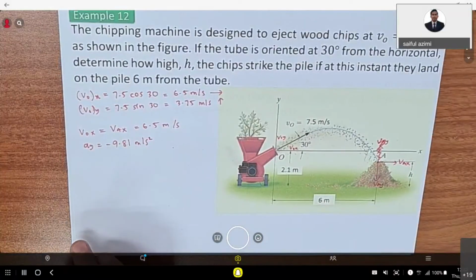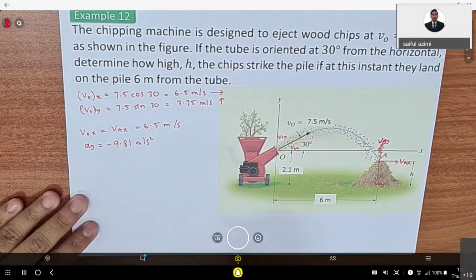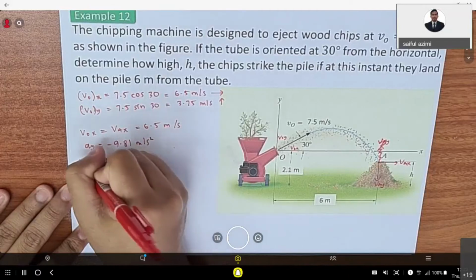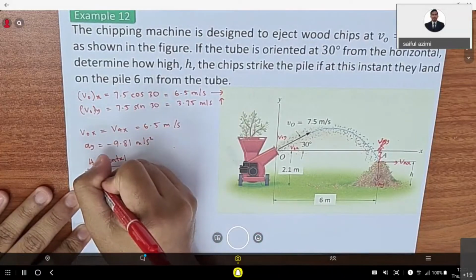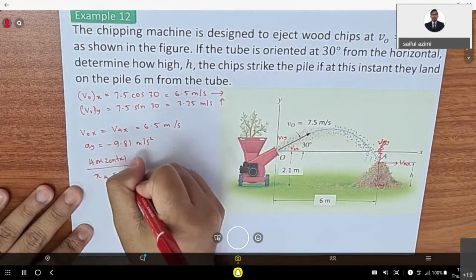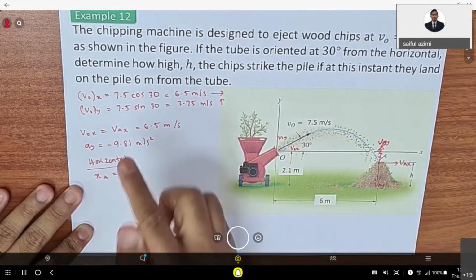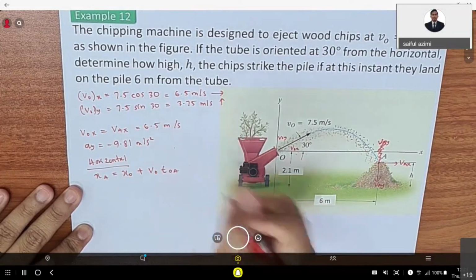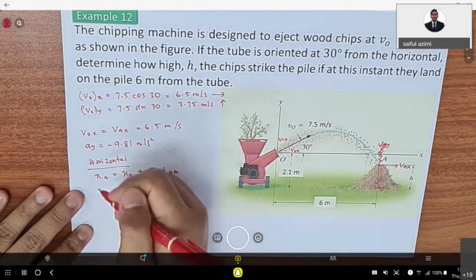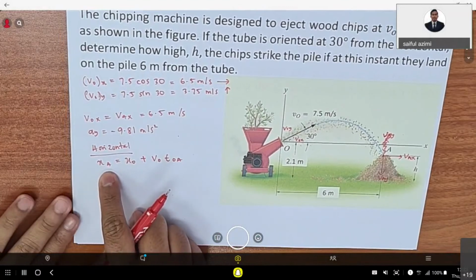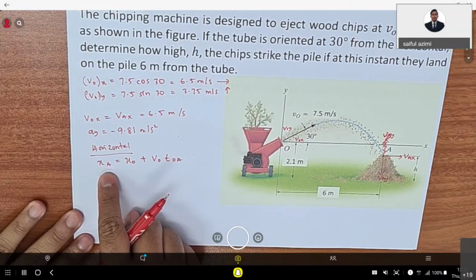First we can construct the horizontal motion. Horizontal as usual, the final coordinate equals the initial coordinate plus initial velocity multiplied by time from O to A. What is XA, the final horizontal location at A?